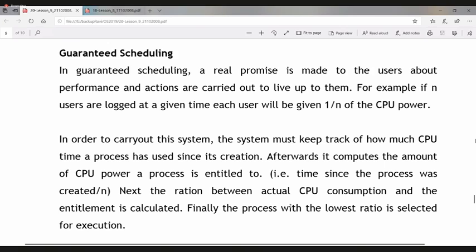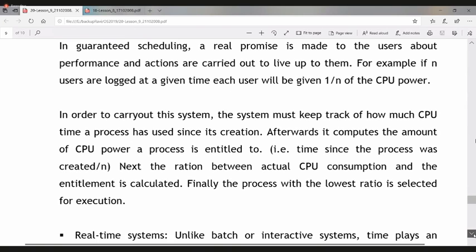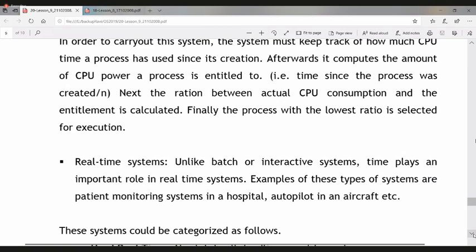Next, the ratio between actual CPU consumption and the entitlement is calculated. Finally, the process with the lowest ratio is selected for execution. So there are some calculations you need to make. So that is about interactive systems.